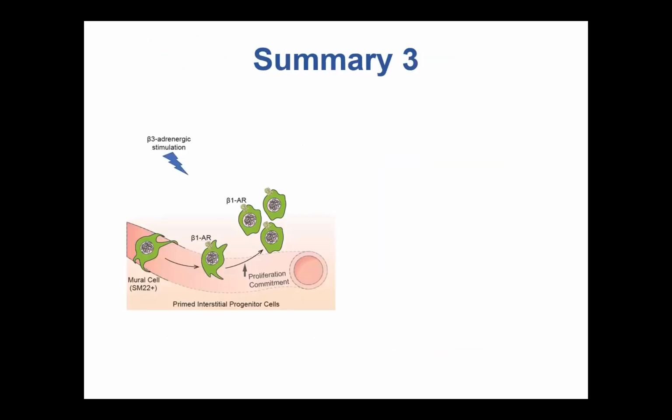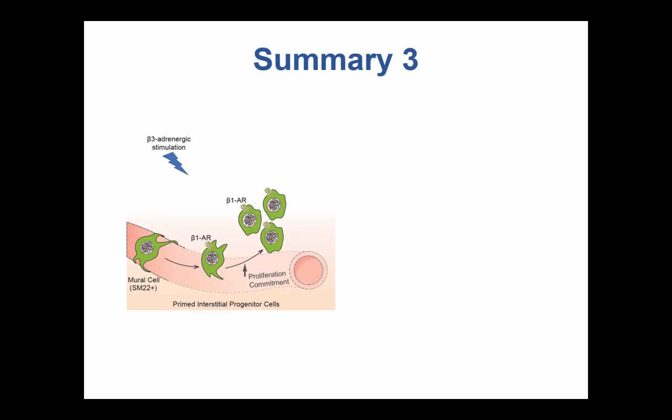So to summarize this third part, we show that the treatment with beta-3 agonists induces the priming of progenitor cells. As the cells progress through the beige phenotype, they start expressing beta-1 receptor.